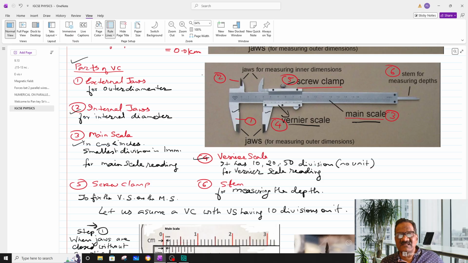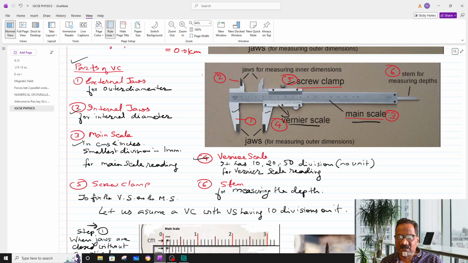A lesser least count indicates that smaller distances can be measured accurately. Suppose it is a 10 division vernier scale, then you can measure up to 0.1 millimeter. That is the least count.